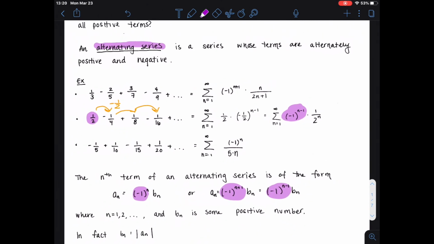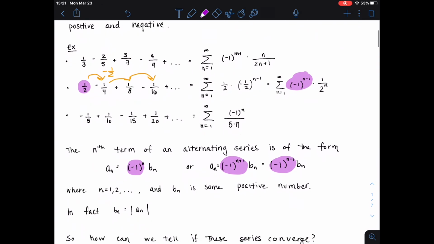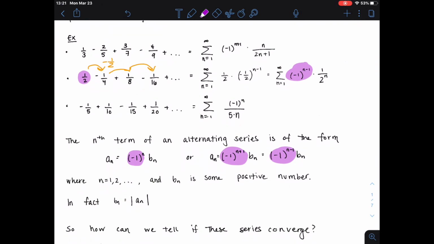The n could go from 1, 2, 3, but what's left over will be some positive number. You're pulling that negative 1 to the n off to the side, and the term that's left over is important. We want to figure out how this thing is going to converge.